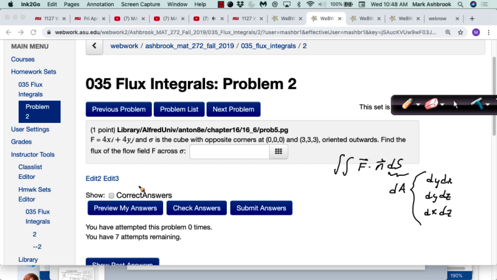For the back, x equals 0, so for every point on that surface x is 0, and you can plug 0 into the field. That's true for line integrals and surface integrals: you always rewrite the vector field in terms of the parameterization of your surface, so you have the same variables there as you're integrating with.